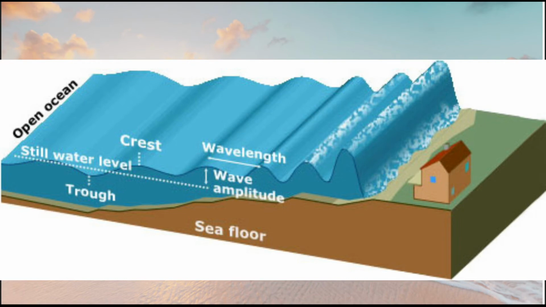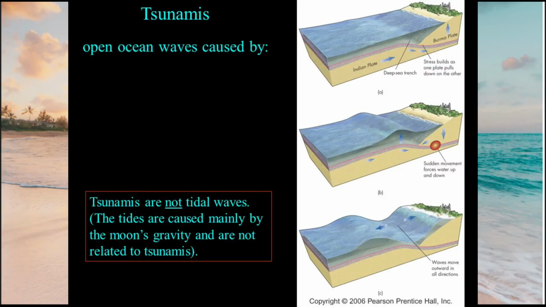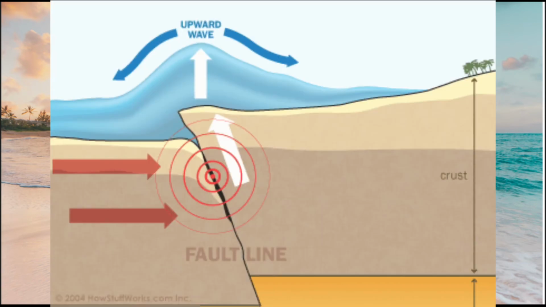The first thing we should talk about is the misconception. Tsunamis have nothing to do with tides, and they are not tidal waves. They are their own phenomenon. They're large waves, usually the result of seismic activity, which is the rising and falling of the seafloor because of earthquakes.